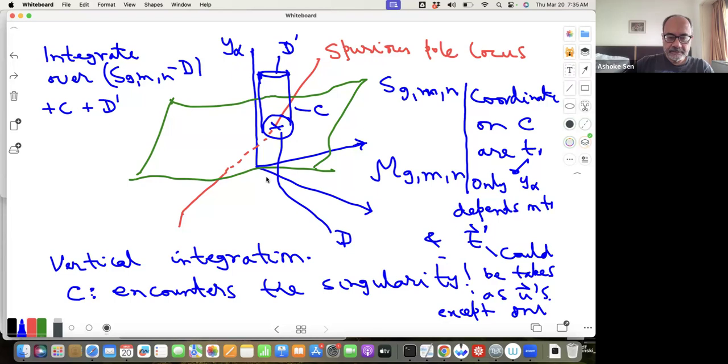This T1, you are saying that cylinder C, the vertical direction, is T1. T1, yes. In this case, I'm assuming, let's say, only one PCO is there.